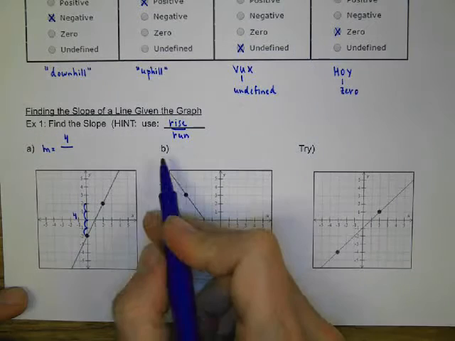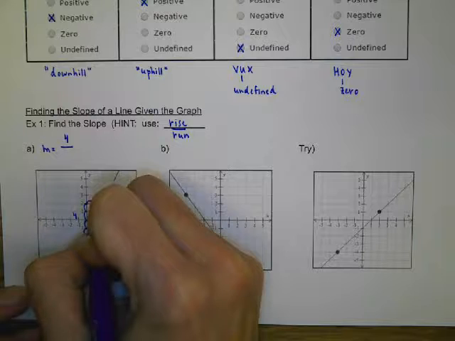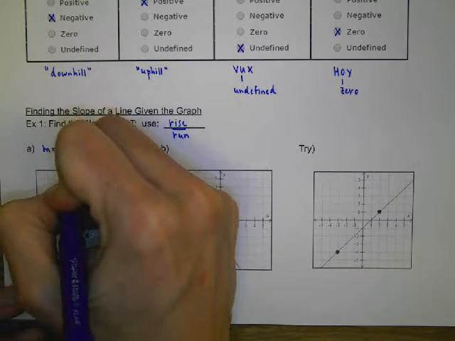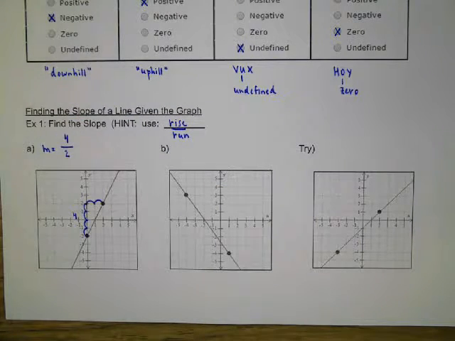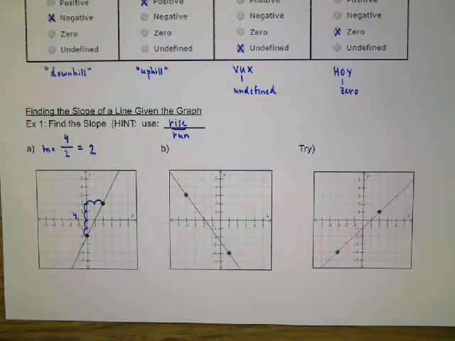So put that here. And now I have to run. So I say, how far to the right do I need to go? And I go over 2. So my slope is 4 over 2. But now we wouldn't leave that as 4 over 2. I know 4 divided by 2 is 2. So I know I have a positive slope, and that slope of 2.